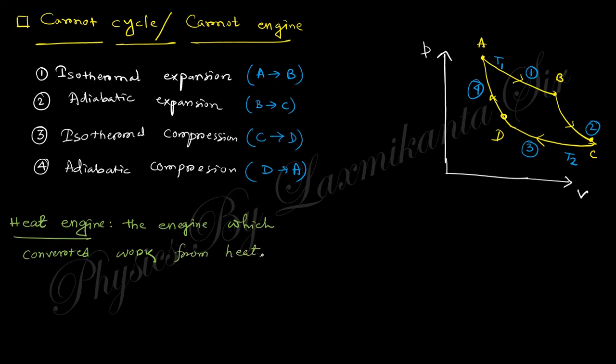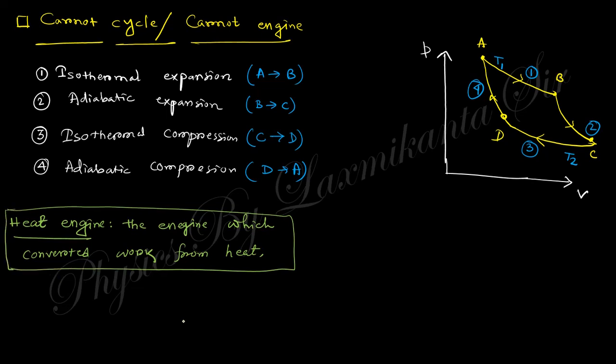So heat converted to work is known as a heat engine, right? And among heat engines, the special one is the Carnot engine. And in this Carnot engine, this four-step cycle actually happens.